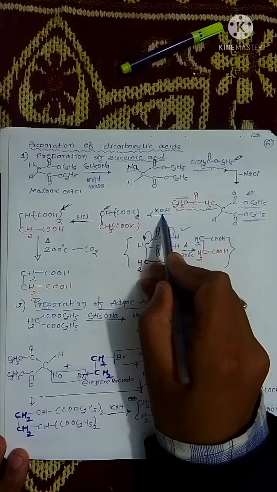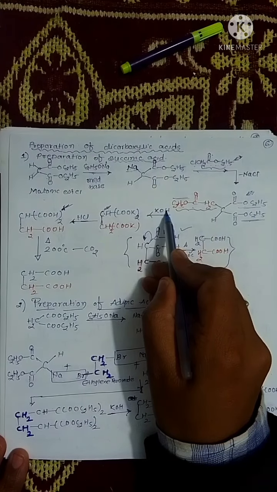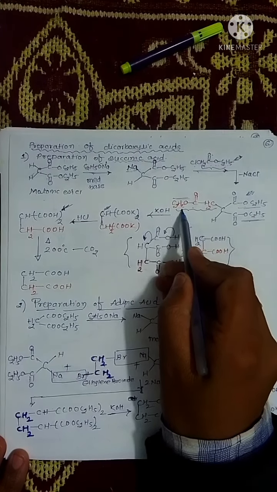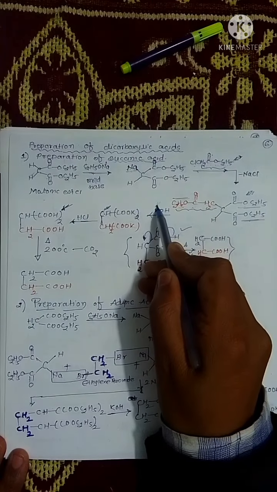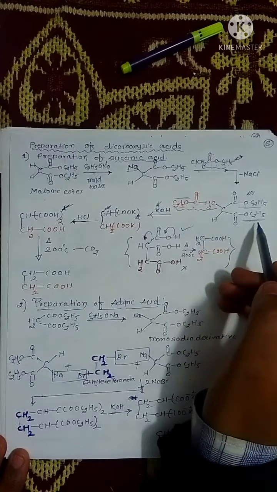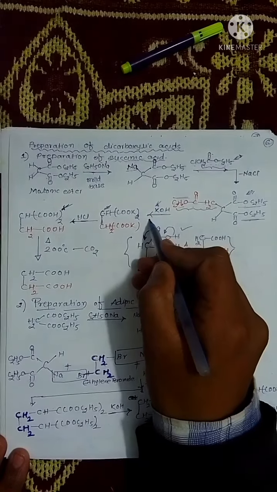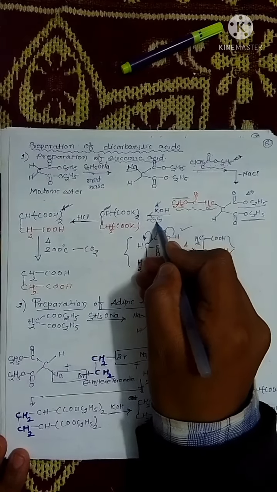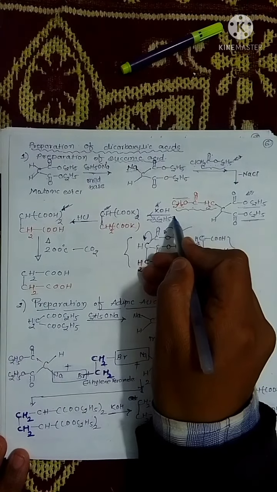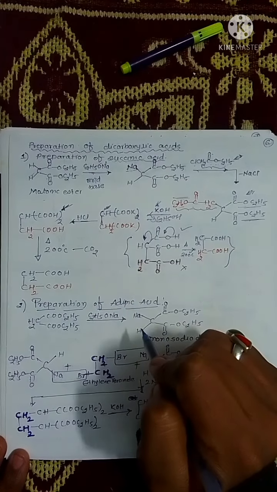When we add KOH, what is going to happen? All the C2H5 is replaced by potassium, and since there are 3 ester groups, 3 C2H5OH go out in the reaction.